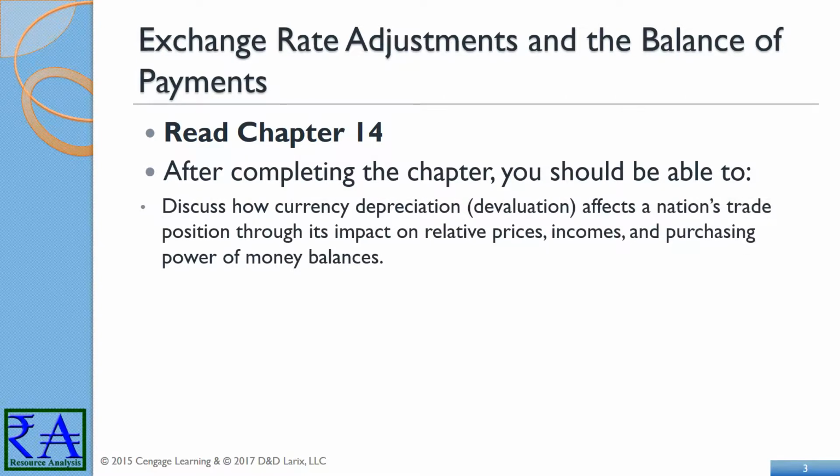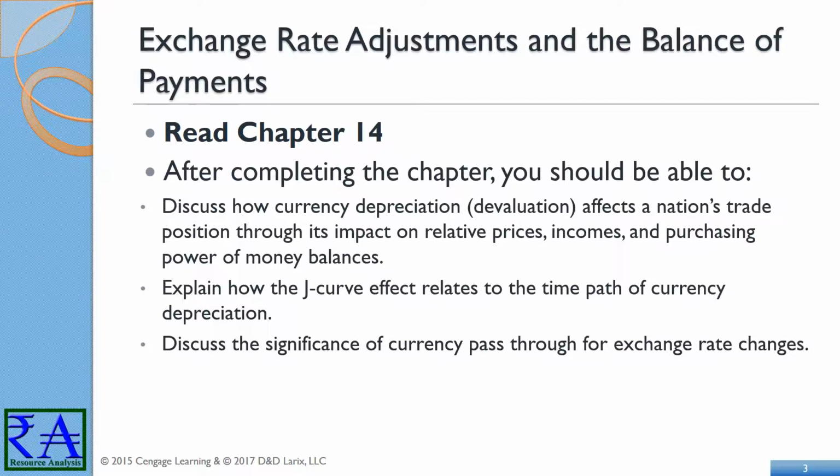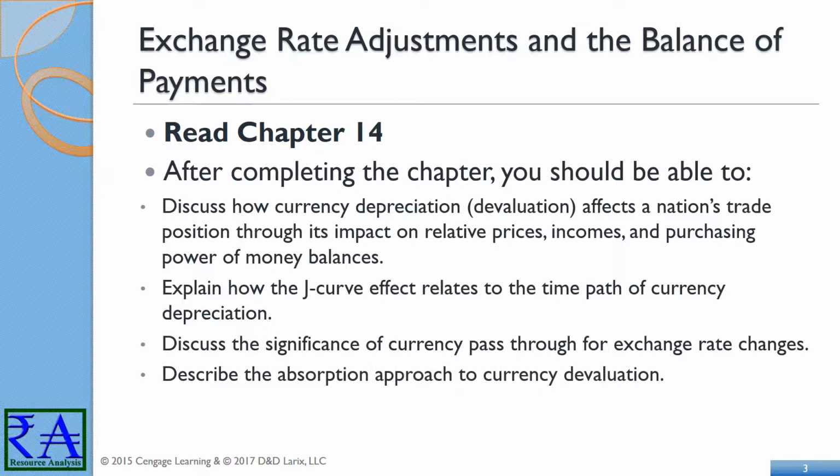This chapter begins with a look at exchange rate adjustments and the balance of payments. We will cover currency depreciation, or devaluation, affecting a nation's trade position through its impact on relative prices, incomes, and purchasing power of monetary balances. We will look into the situation where all of a firm's inputs are acquired and denominated in the domestic currency.